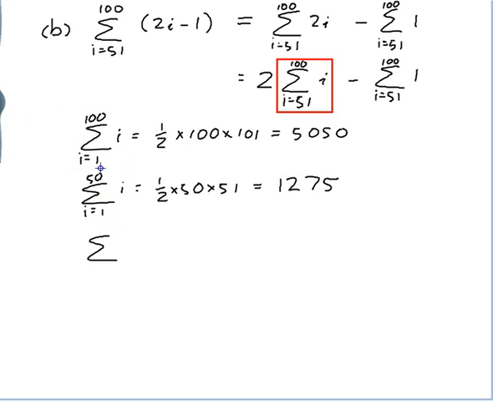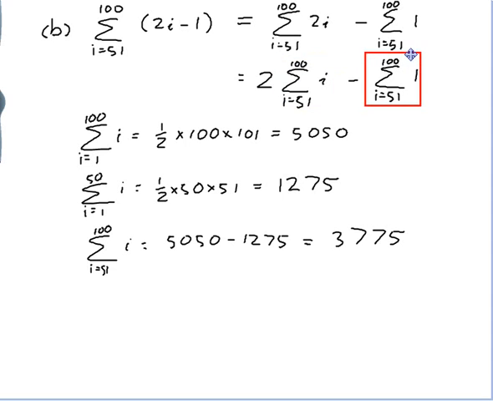So the sum from 51 to 100 would be 5,050 minus 1,275, which would be equal to 3,775. So we've dealt with this bit here. Now all we need to do is deal with this bit here.